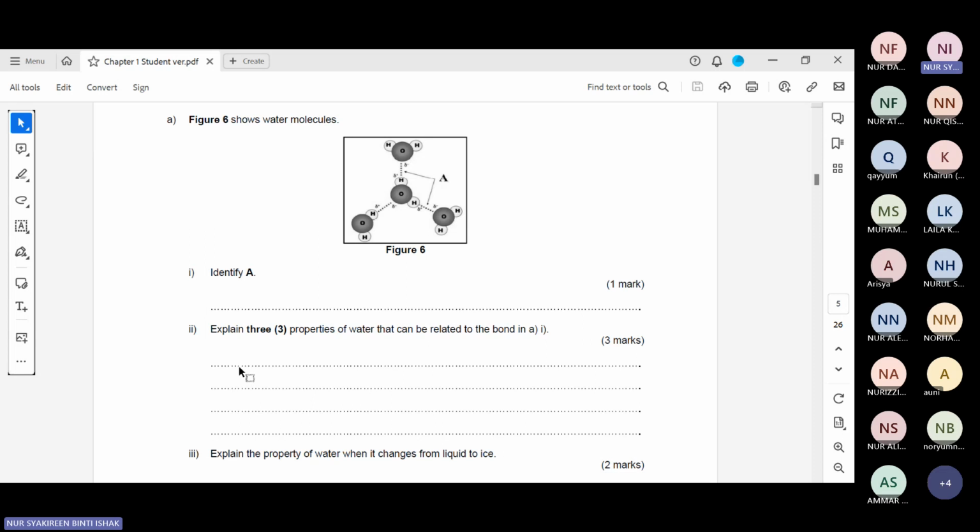If you look in your notes, the water molecules at the surface form hydrogen bonds to one another and to the water molecules below. That forms surface tension. This allows insects to walk on the surface of the water. Kalau kita nampak dekat sungai ke apa kan, serangga boleh berjalan atas air tu. It is due to surface tension, or adhesion, water sticking to other molecules that are also polar.